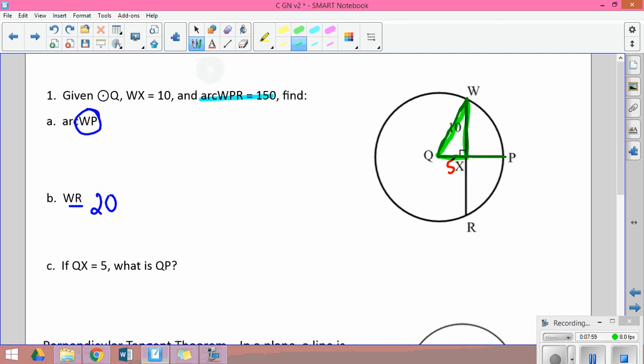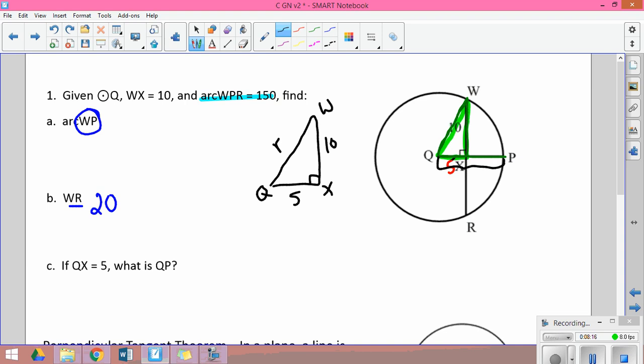And so if you drew it out separately to see it, you would have W, this is 10, this is 5, X, and Q, and my radius, QW, which is also the same as QP because that is a radius of the circle, just the same as if I drew a radius out here, all of those are the same length.